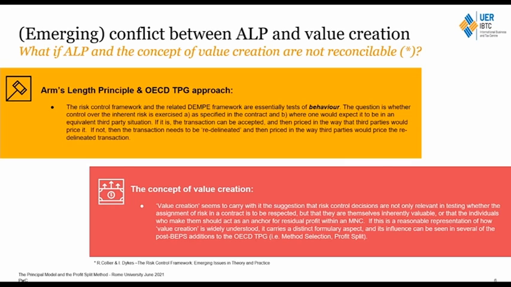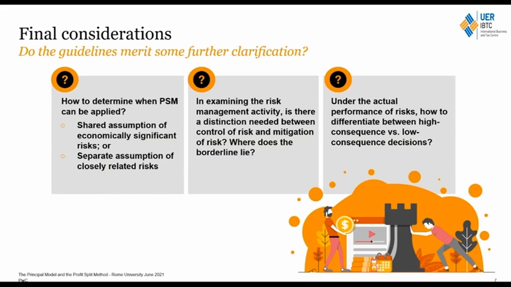So to conclude, I have three questions on my next slide that I think would be worthwhile taking further for consideration. And that is, first of all, how to determine when the profit split method can be applied.